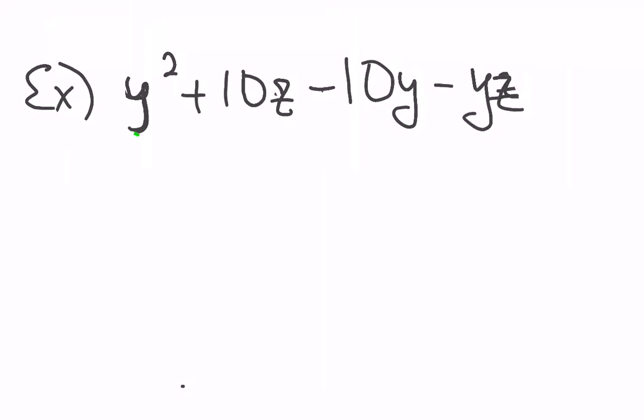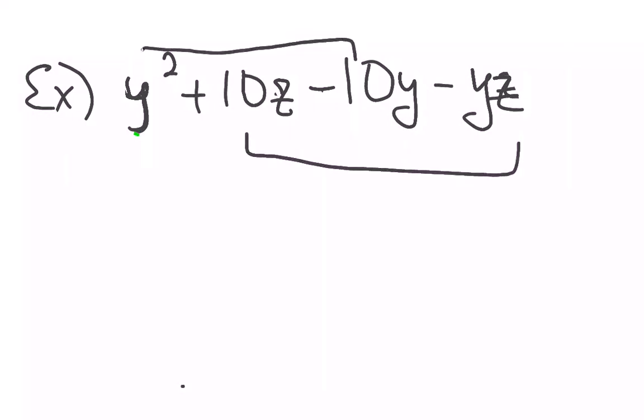So I can group them a couple different ways. I can see that if I group these two together and these two together, I could pull y's and z's out of there. I might have grouped them a little different, where I grouped these two together and these two together because I saw that the y squared and the yz have a y, but that the two middle terms have a 10. Either way is totally fine.